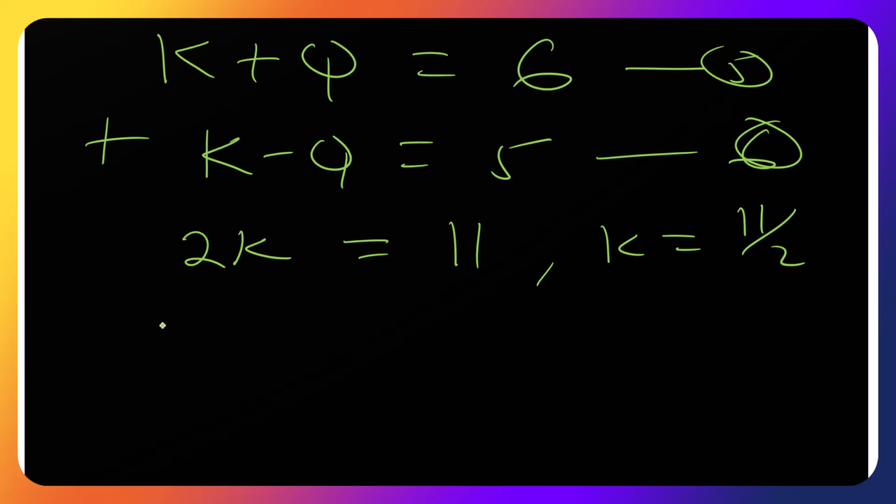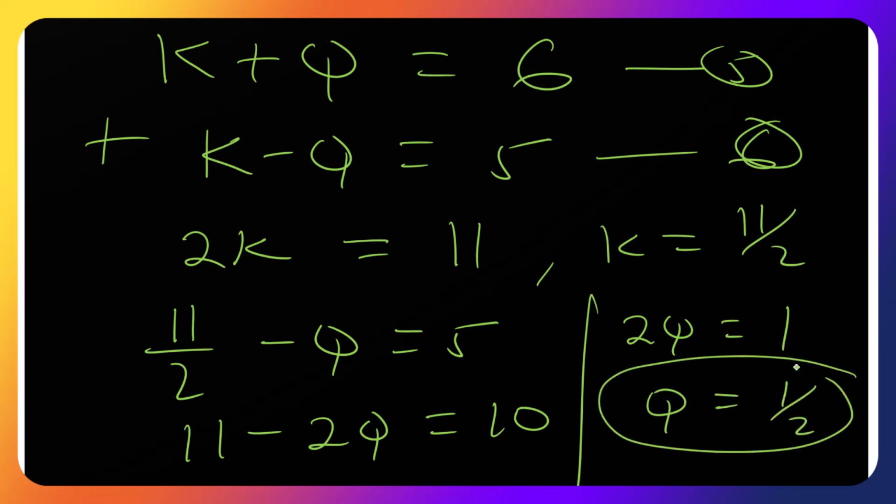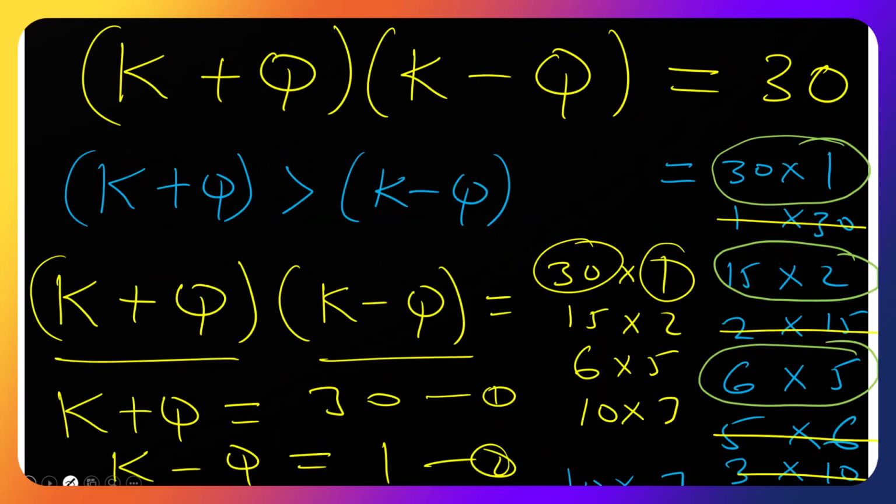Using the 6 one, we have 11 on 2 minus q equals 5. Multiply through by 2, 11 minus 2q equals 10. Therefore, 2q is the same as 11 minus 10, just 1. Q is half. Okay, that's that.